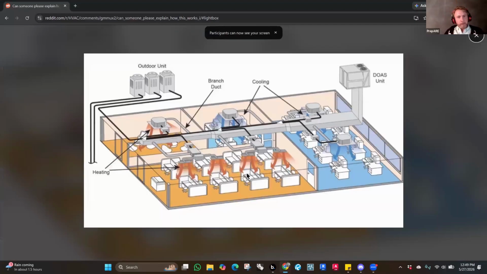I guess there's some ducting for that. I'm thinking of ceiling fans and passive ventilation, but if you're going to do ducting, I don't know. So yeah, this has VRF distribution, and it still has some ducting.